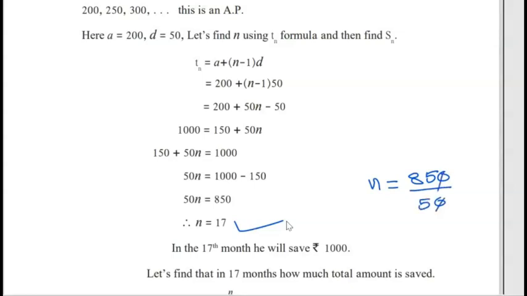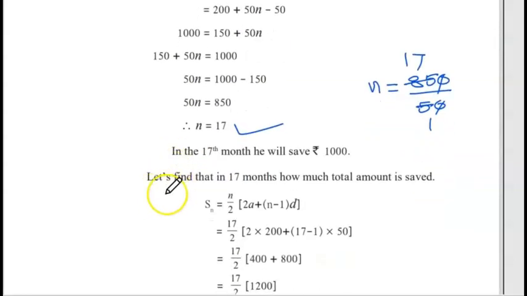Here 0 will get cancelled. 5 1 5 एक 5 इथे होणार, 3 होणार आणि 35 होणार. ते 5 7 35 होणार. N is equal to 17 तिथे येणार. Therefore in the 17th month he will save rupees 1000.